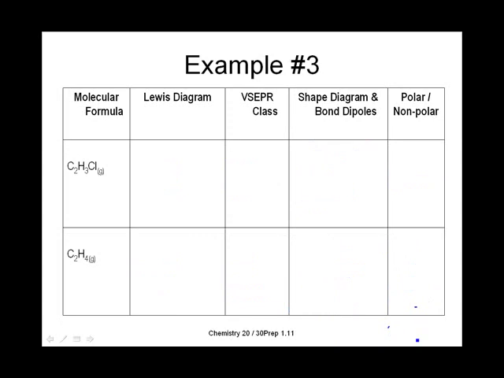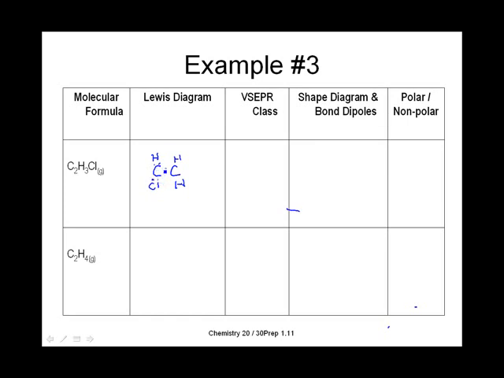Alright, C2H3Cl. This is a molecule that's going to have two centers with 3 hydrogens, 2 on one carbon, one on the other, and then chlorine we'll put in our bond.